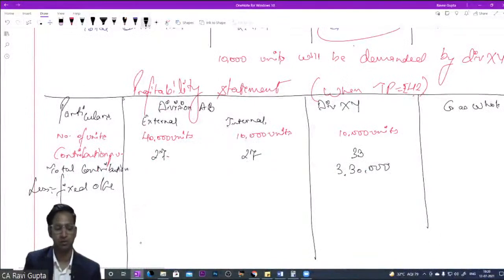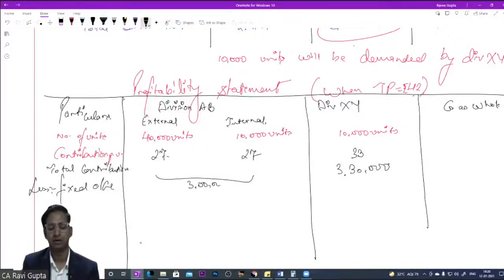So total contribution less 3 lakh rupees as a fixed overhead and 1,80,000 rupees as a fixed overhead. We have total fixed overhead 4,80,000.